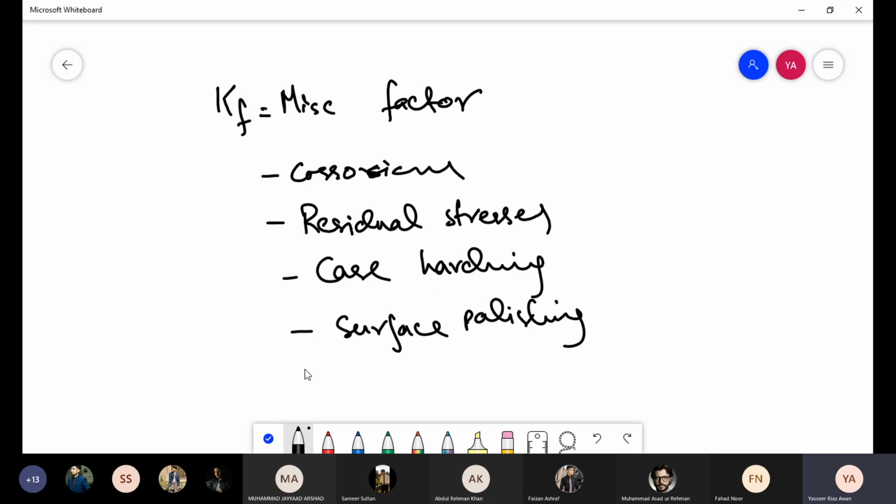Maybe also directional characteristics, such as through cold working. So we start with, for example, the residual stresses.